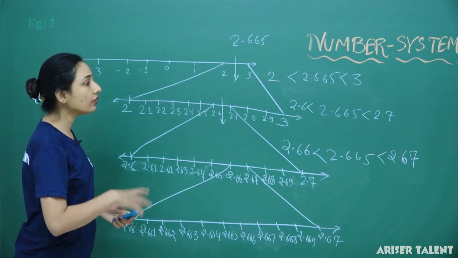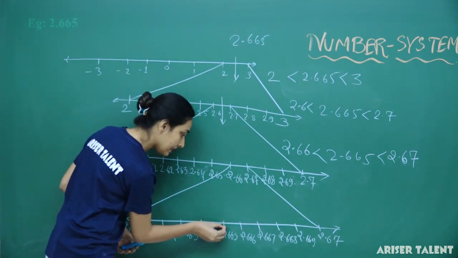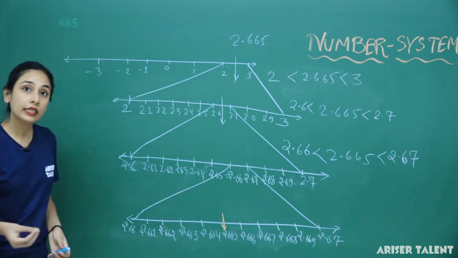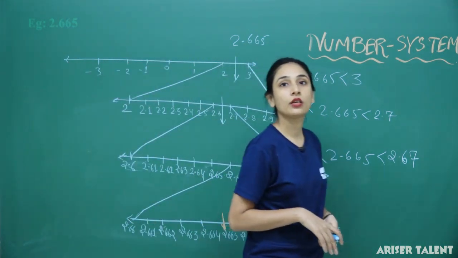This is what I am having. Now the number is 2.665. That means this is the number on my number line I was looking for.